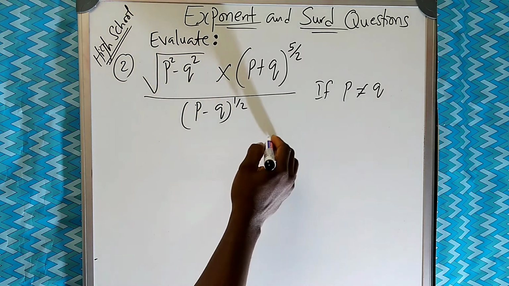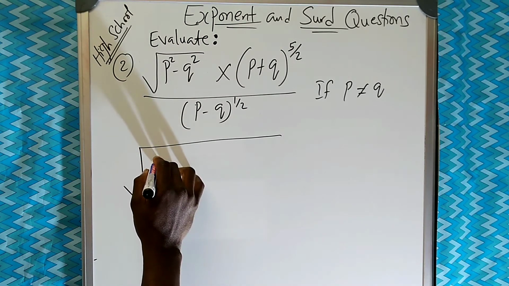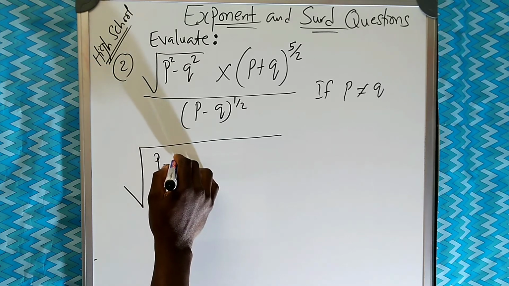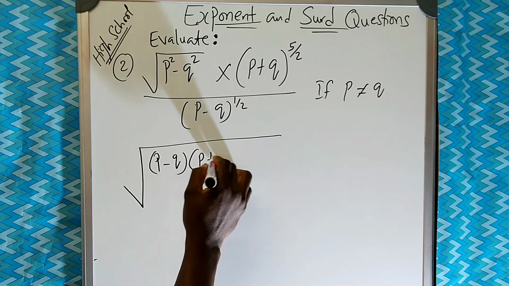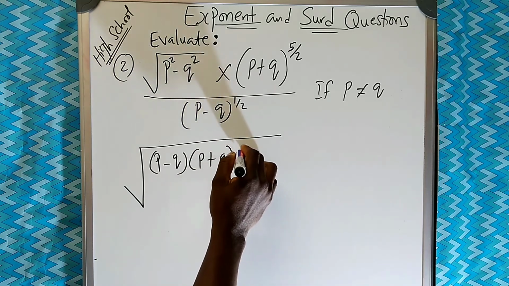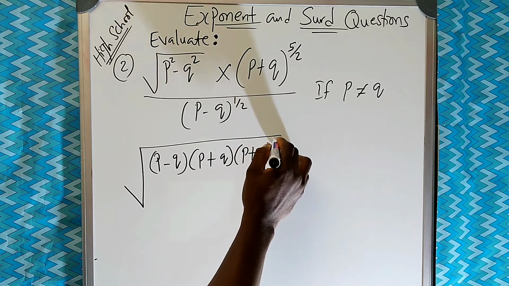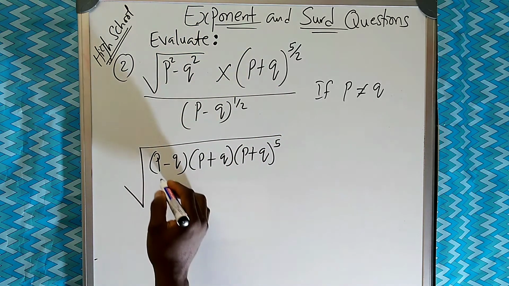So definitely all of them have a square root. If we simplify this, p squared minus q squared becomes (p minus q)(p plus q), then multiplied by (p plus q) raised to power 5. The 2 is already out to become the square root.